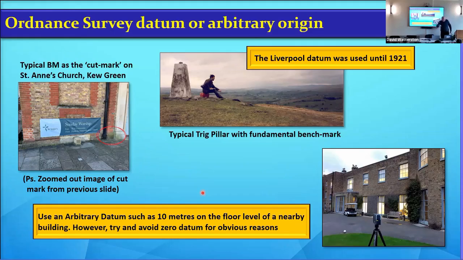When you get underground, there are minuses. And when you're dealing with the minus here and the minus there, it can get quite confusing, because you've got to take one from the other to find out how thick that lintel is or the floor levels, or it just becomes a nightmare. So try and avoid using zero datum, because it'll just give you headaches further down the line.